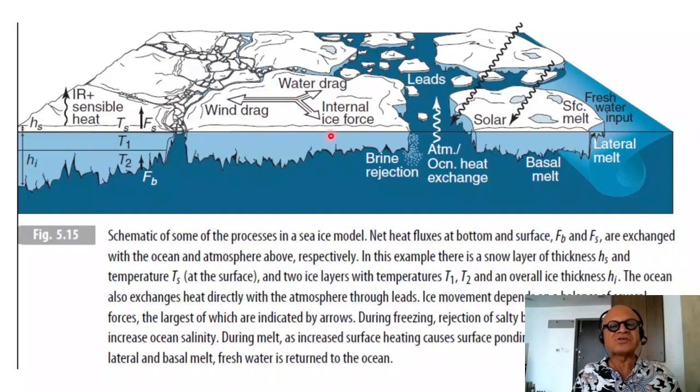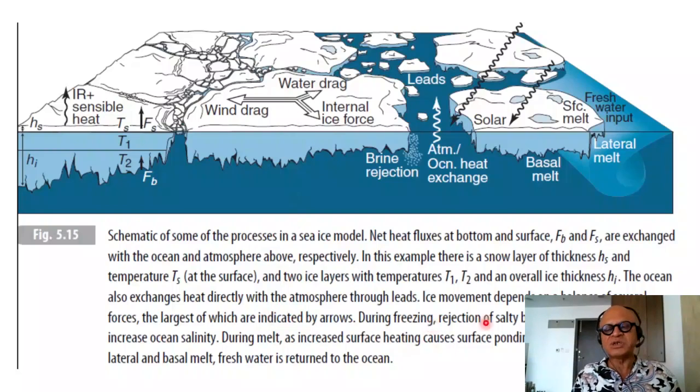So there are internal ice forces that are creating ice movement as well, and wind drag. So there are all these things that are determining where the ice is going, how fast it's moving, and that also affects its thermodynamics and how quickly it can grow, for example.